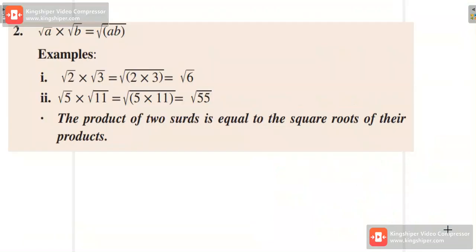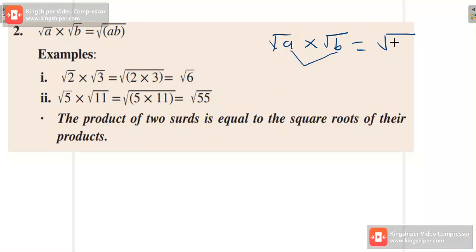Let's go to rule 2. When you have a square root of a given number a multiplying a square root of another number b, the result has to be the square root of the two radicals multiplied together under the root sign.